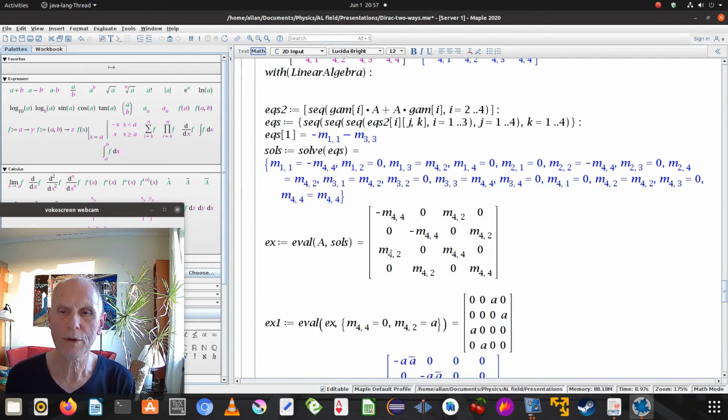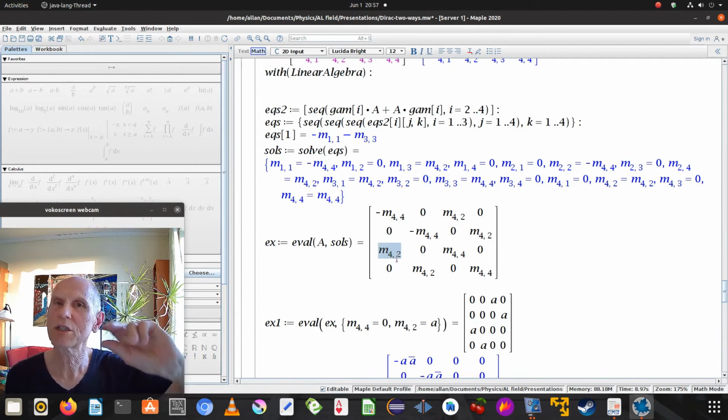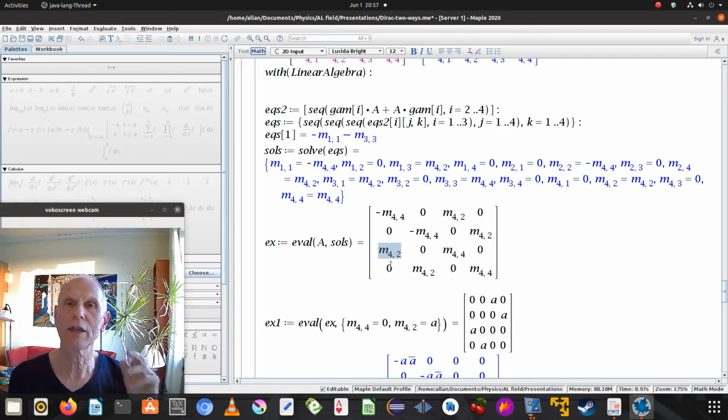I thought, oh, this looks very interesting. If the diagonal vanishes and we have M42, then we would change spin, or rather there would be spin conservation in some way. That was my thought. As we'll see later, that's actually probably a misunderstanding.